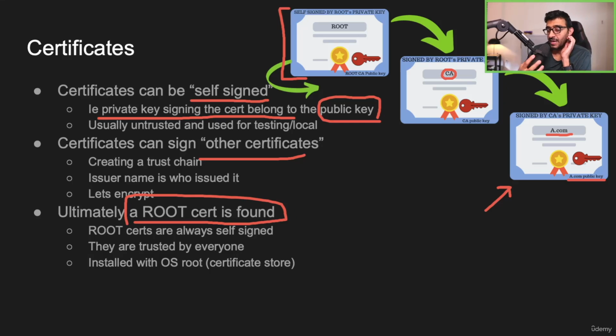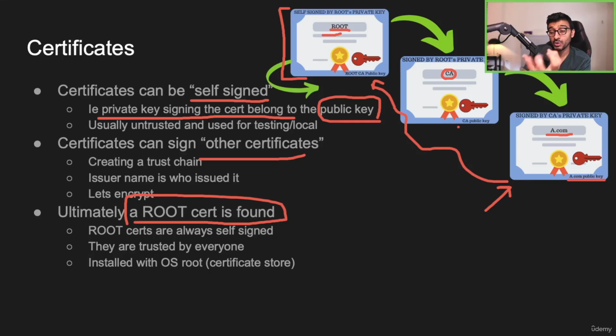If you find CA in your store, then you look up who signed CA, because someone else has signed CA. It's the root. You look up root in your store and say, oh, I found it and it's trusted. So A.com is trustworthy because root signed the certificate authority and the certificate authority signed A.com. So we're good. This is a trusted certificate. That's how you trust the certificate. That's the chain.